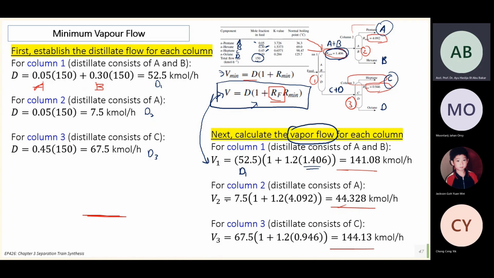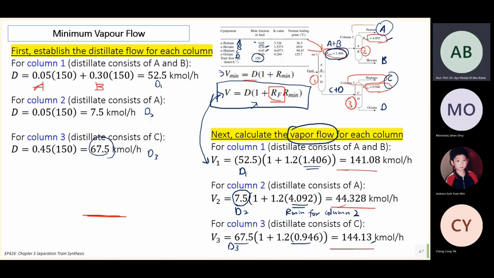Now, next, calculate V2 for column 2. This is the D2 that we calculated earlier. R min for column 2. Okay, so you will get V2. Next, V3. This is the D3 that you calculated earlier, using R min for column 3.